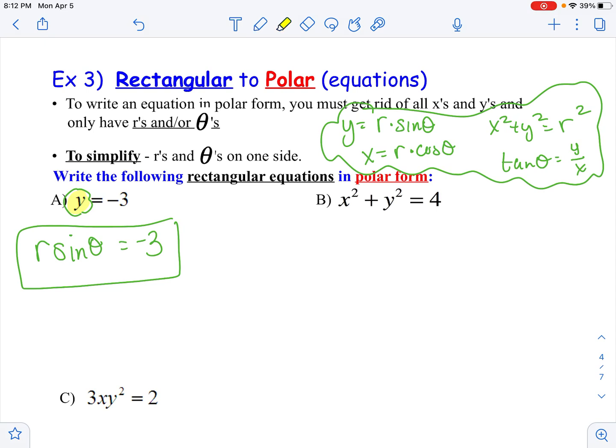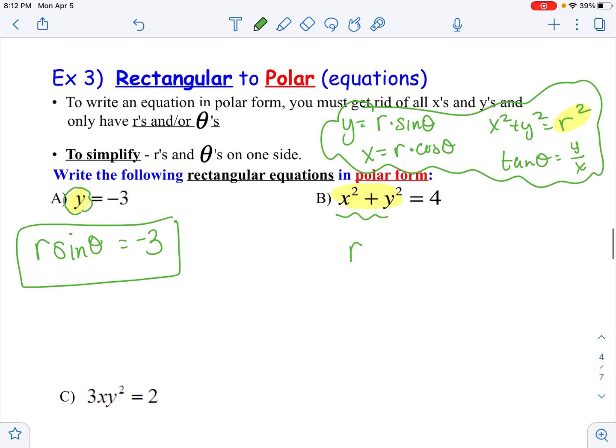If I look at letter B, it's actually kind of nice because I see an x squared plus y squared right there. Well, I know that x squared plus y squared is equal to r squared, so I can just take out that x squared plus y squared and plug in r squared, and that's equal to 4. So I didn't need any thetas here. I know that r squared is equal to 4.